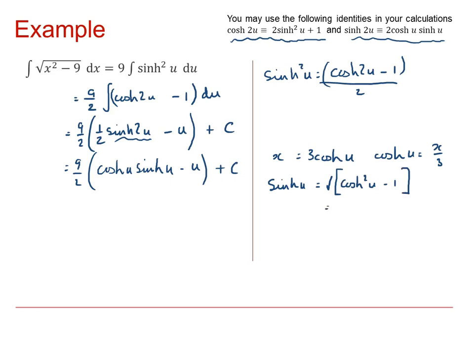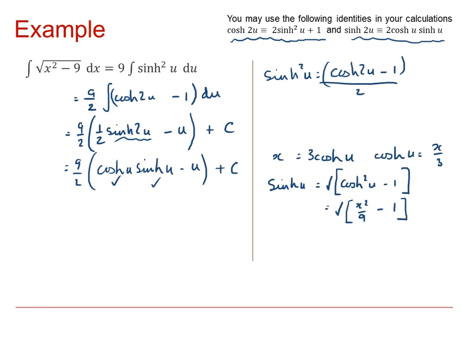So that must be equal to the square root of x over 3 all squared, which is cos u, so that's x squared over 9, and then minus 1. So that will deal with the cos u and sine u.